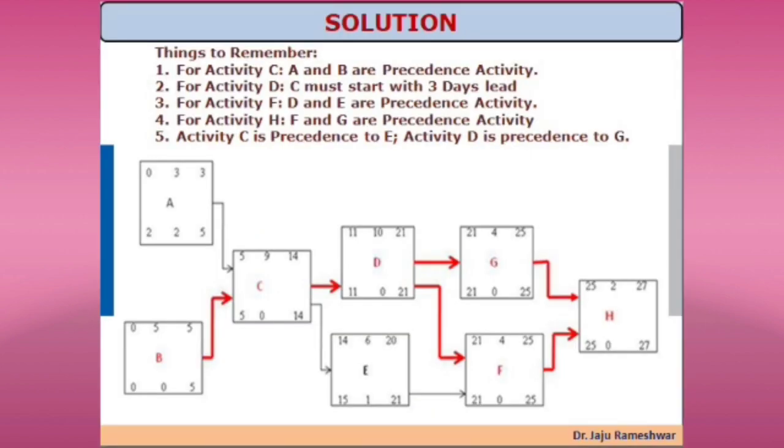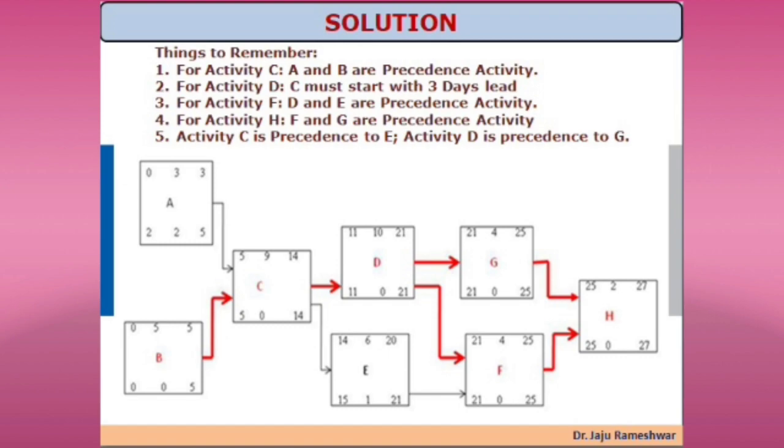Now related to the answer, from the diagram you could say that at the extreme top, ES is the early start. For activity A, ES is 0. The duration given is 3, so 3 is written at the center. Then early finish is 3 days.